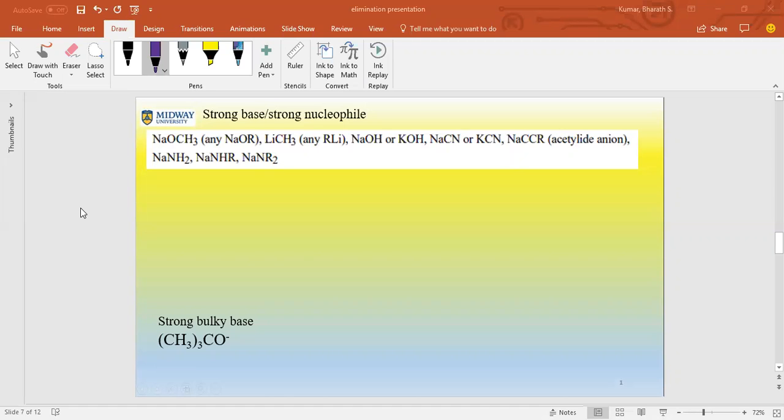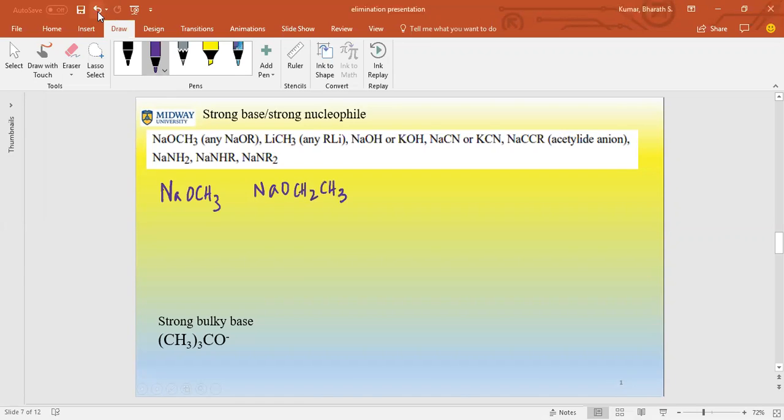The metal leads to a positive charge, and the negative charge on the remaining component is what makes it a good nucleophile. So for instance, I could give you NaOCH3 or NaOCH2CH3.